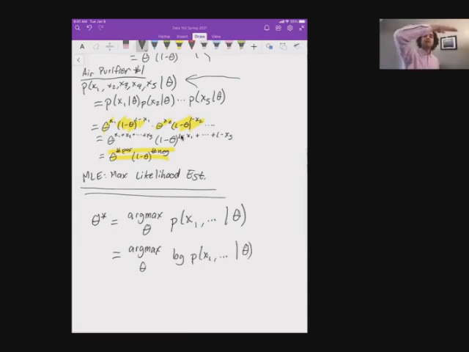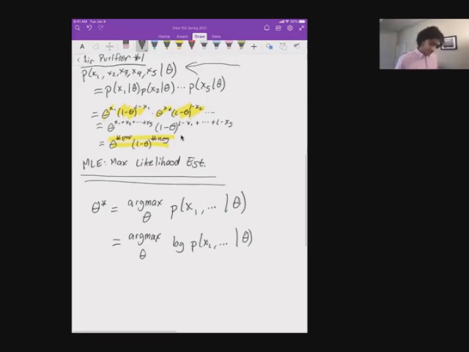It's constantly increasing. So if I find the value of theta that makes the likelihood as big as possible, that same value of theta will also make the log likelihood as big as possible. So we'll often call it max likelihood estimation, but in practice it ends up being max log likelihood estimation. But they're the same thing, right? It gives you the same value of theta, it's just that the log is more convenient.